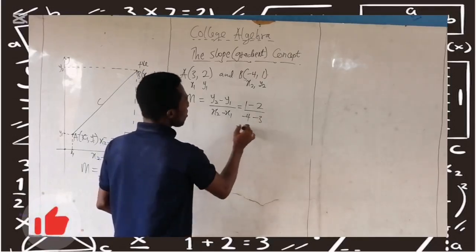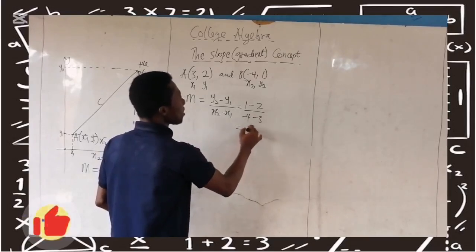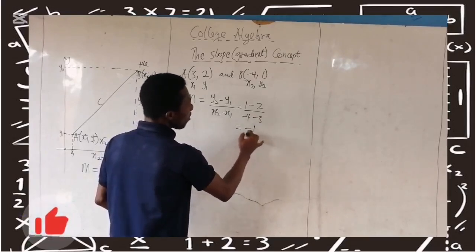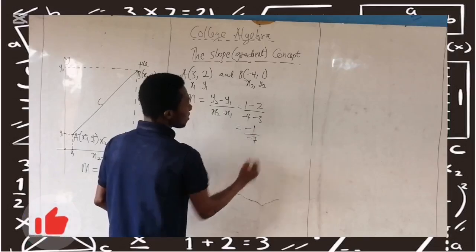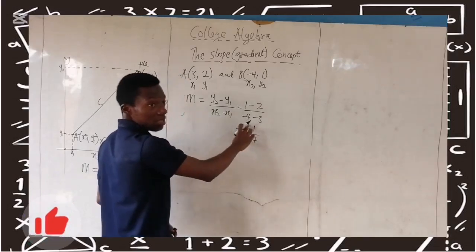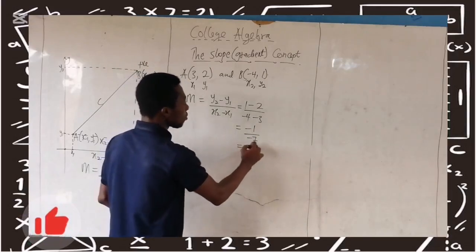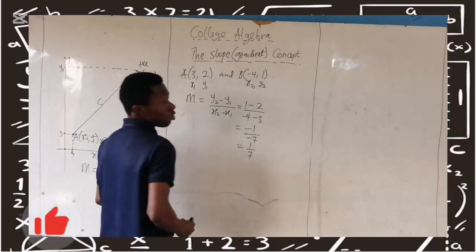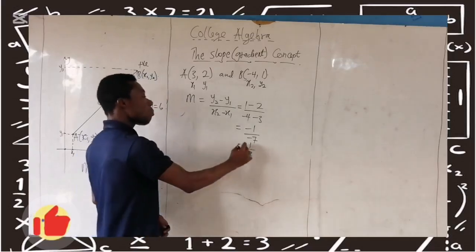So in effect, I'm going to have negative 1 over negative 7. Two negatives dividing each other result in a positive. So 1 over 7 should be the gradient.